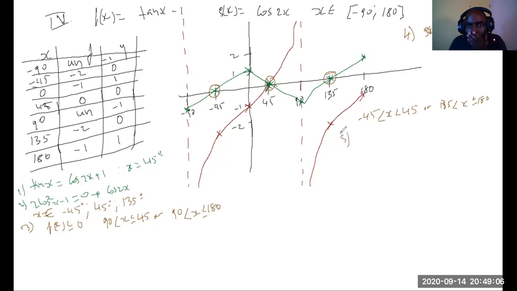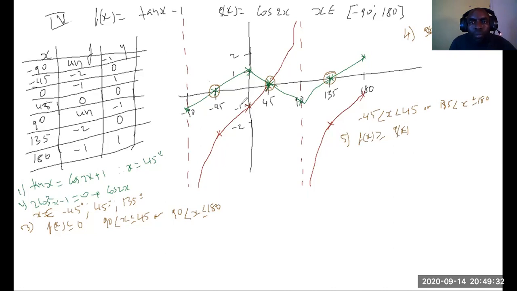What are they asking at number 5? They want where f of x is greater or equal to g of x. So where is this red one greater?